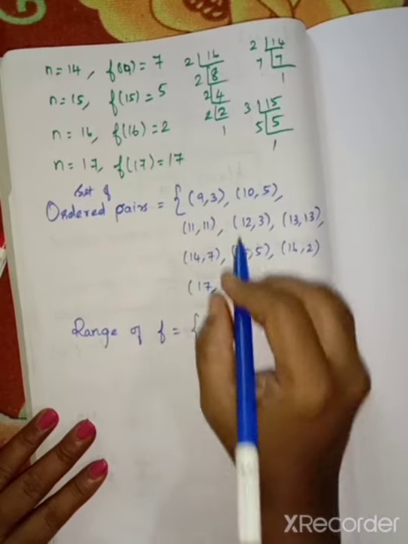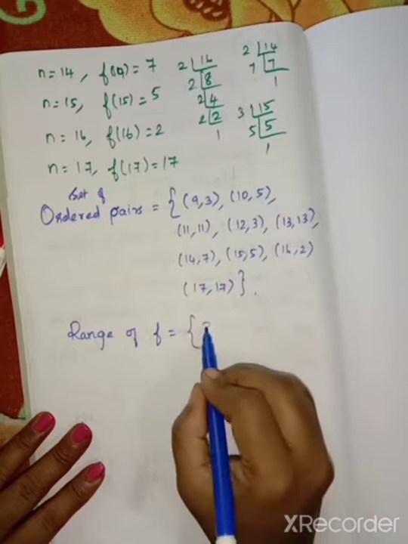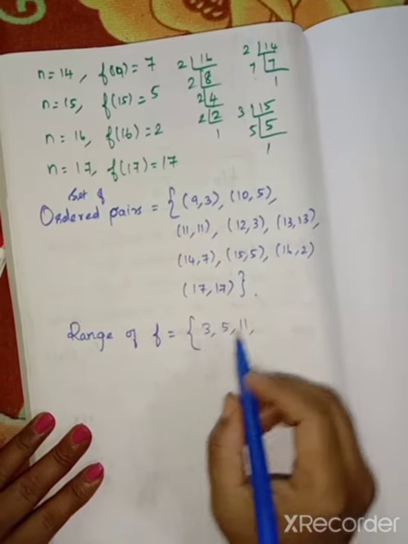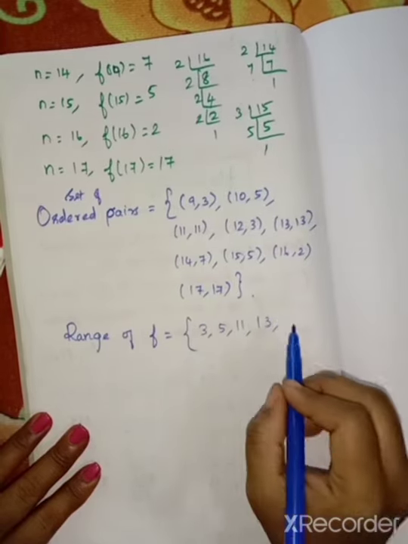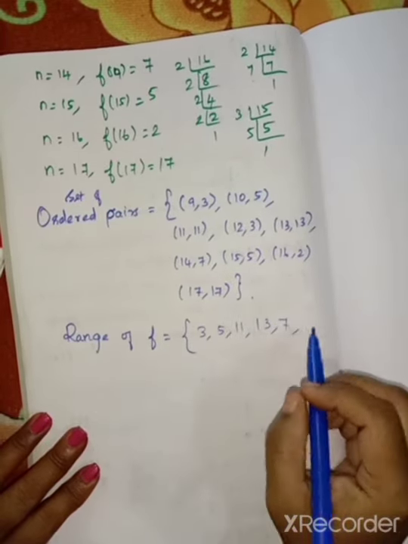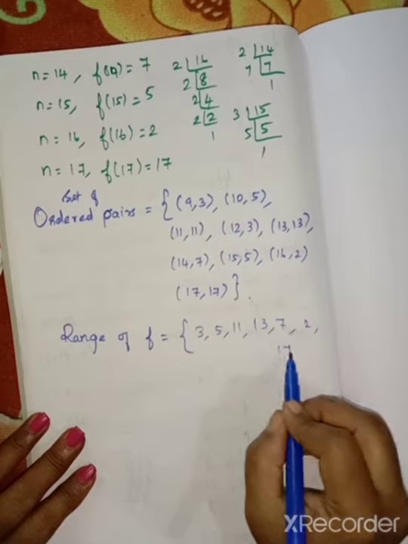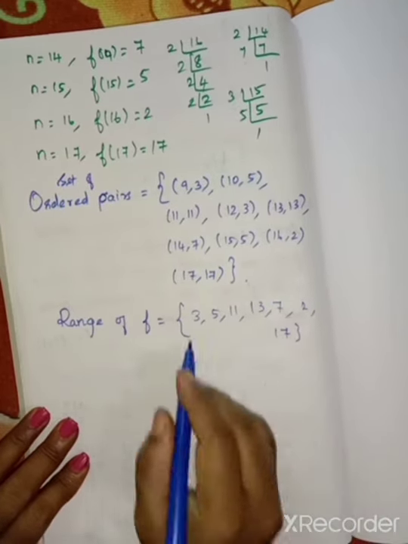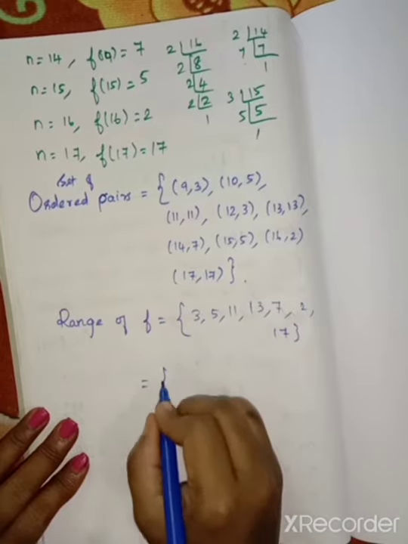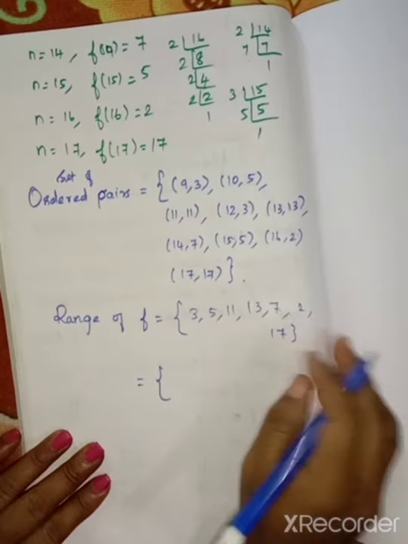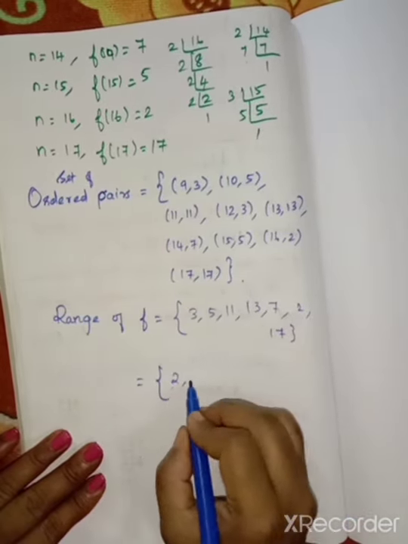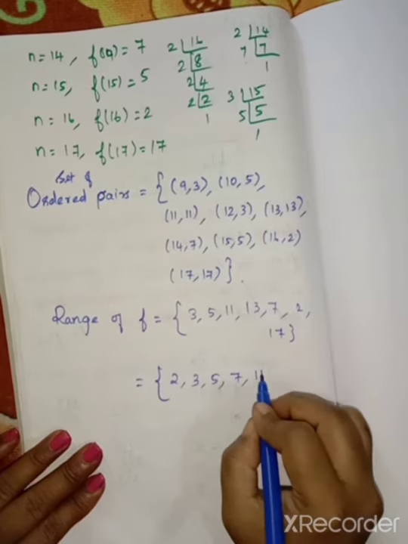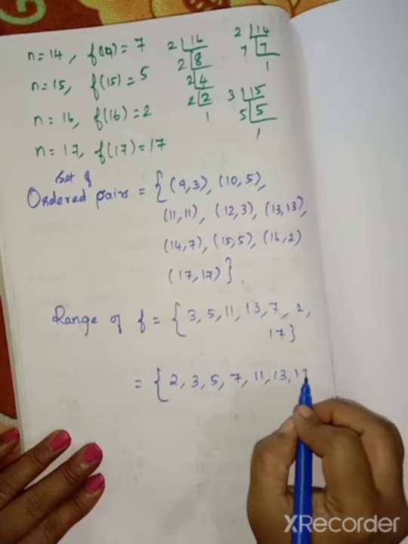So the set has the numbers 3, 5, 11, 3 is already written, 13, 7, 5 is already written, 2, 17. If you stop here, you have to write up to this, or otherwise you can arrange the order. If you arrange in ascending order, the smallest number is 2, then 3, 5, 7, 11, 13, 17.